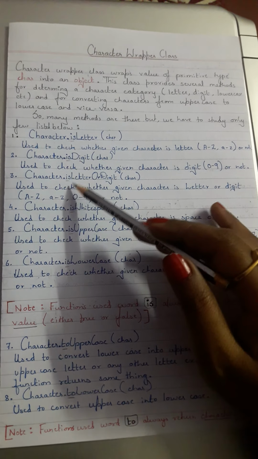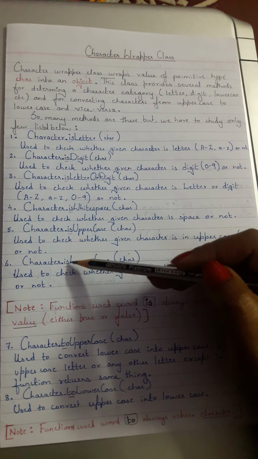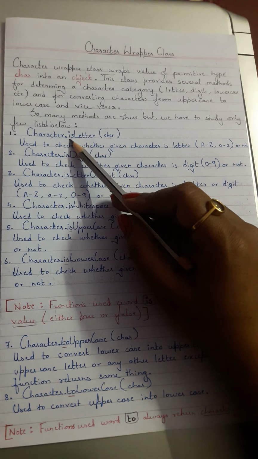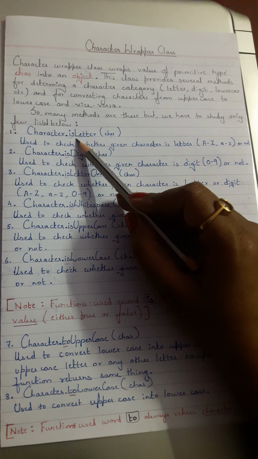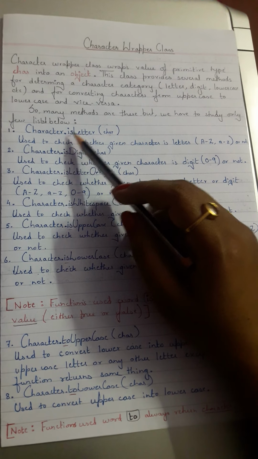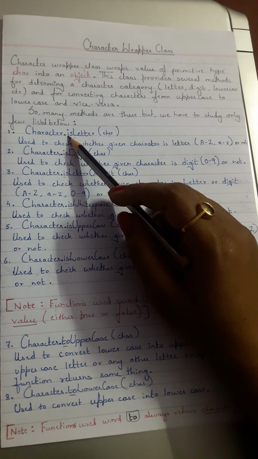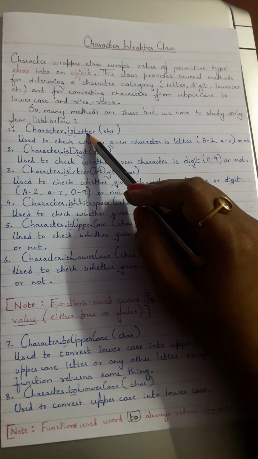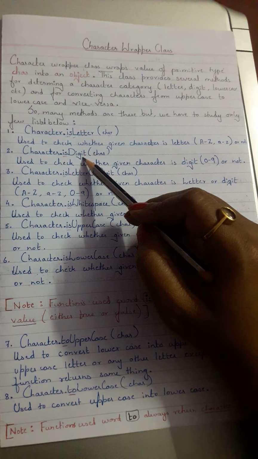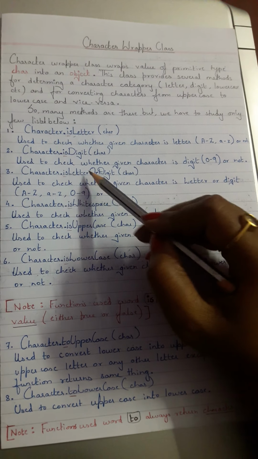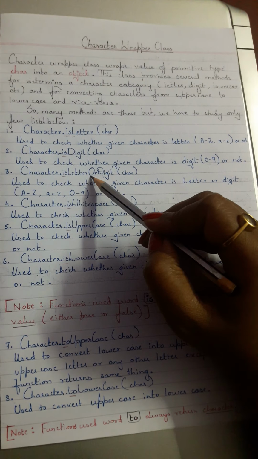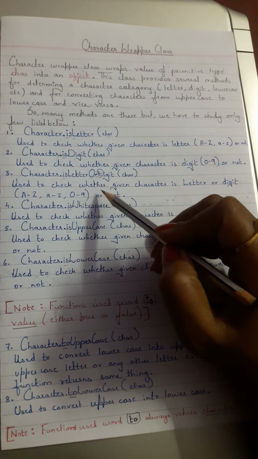See, the "is" I've written in small letters. But when we are concatenating another word with "is", the first letter should be capital so that we can identify them. Both are different words but combined together: isLetter, easily readable. isDigit, isLetterOrDigit, letter L capital, O capital, D capital.